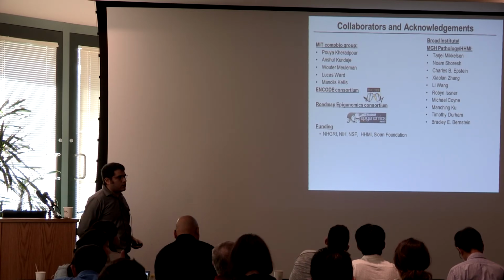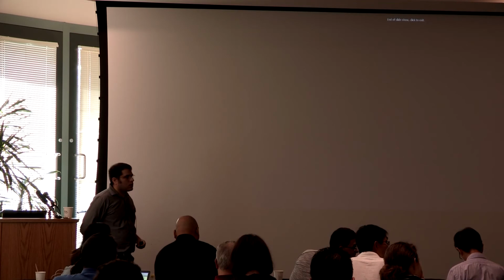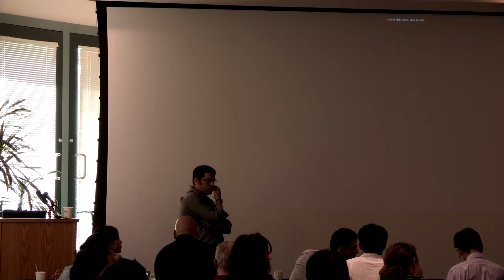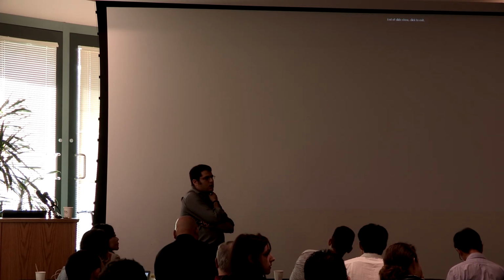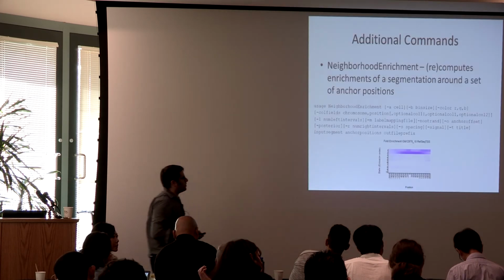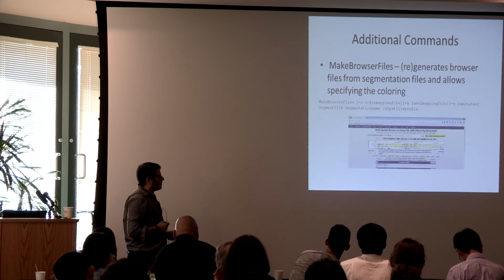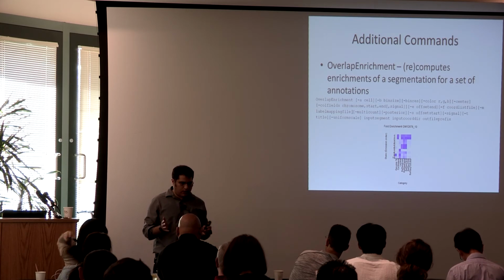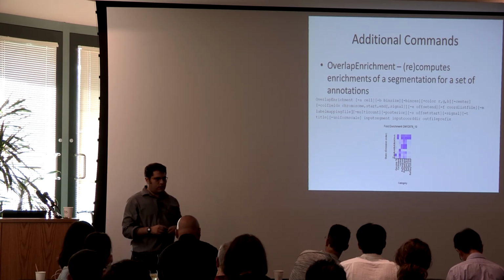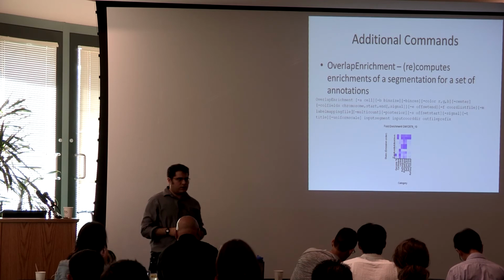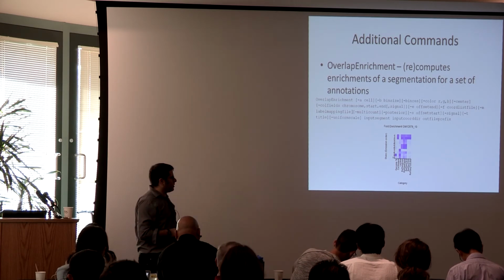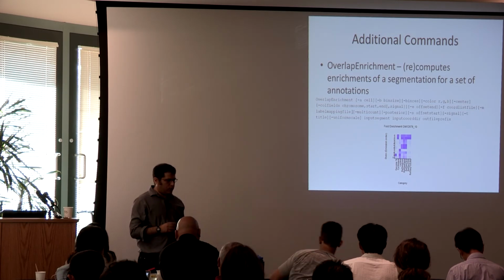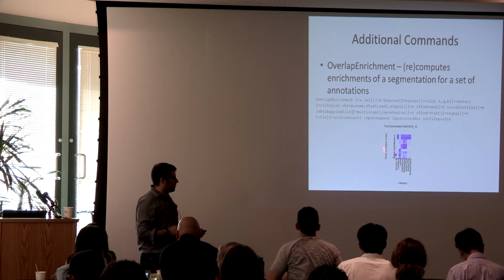Yes? So the question that I have is, do you have any easy way to annotate the states besides getting really familiar with your marks and seeing what corresponds? Yeah, so there's this manual step here, it's semi-automated in the sense that the states are learned automatically, but then the human is giving some interpretation to these states. In order to give the interpretations, to some extent you look at what marks are associated with it, and then at the enrichments.